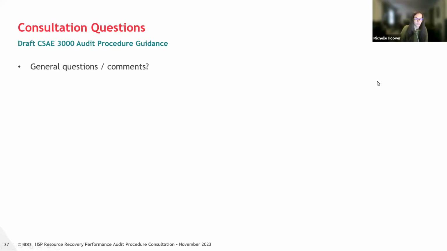Our final question is asking how this procedure affects materials like mercury-containing thermostats, where apparently RER cannot be achieved. So for the purposes of these audits, the RER for a processor facility of any material is not really considered.